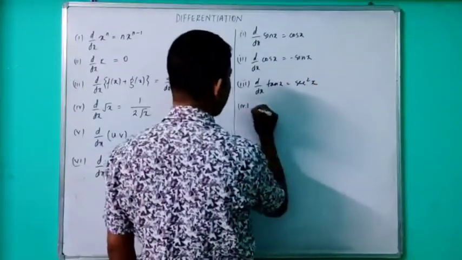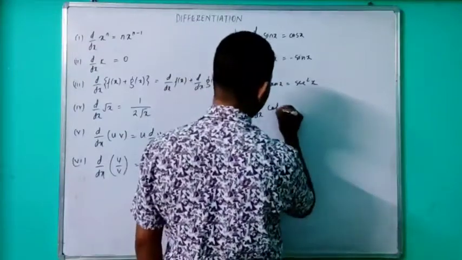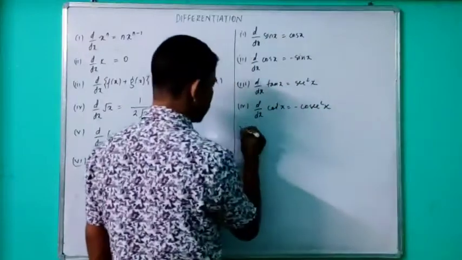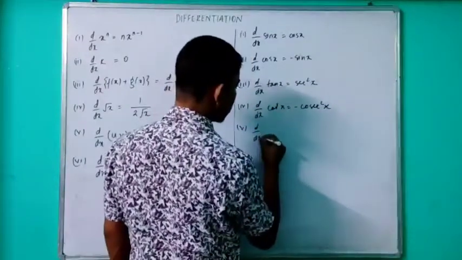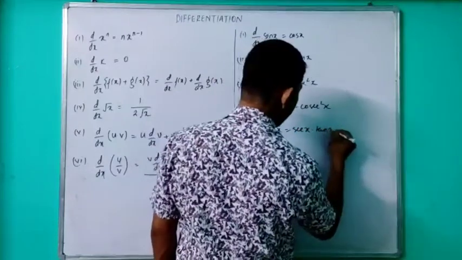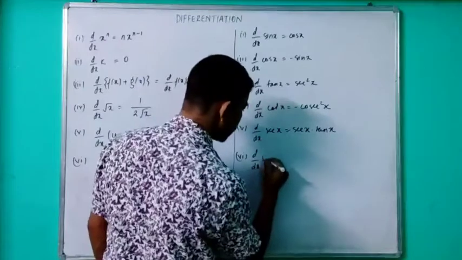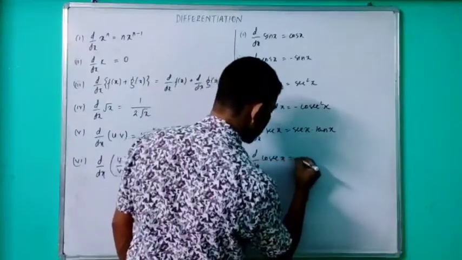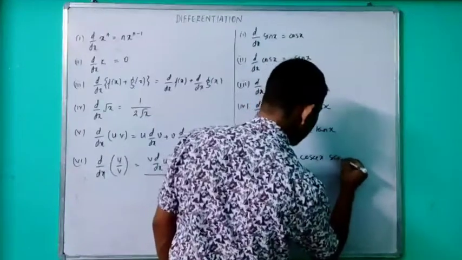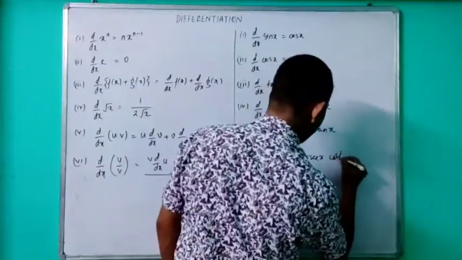The fourth, d by dx of cot x will be equal to minus cosec square x. The fifth, d by dx of sec x will be equal to sec x into tan x. And then the sixth one, d by dx of cosec x will be equal to minus cosec x into cot x.